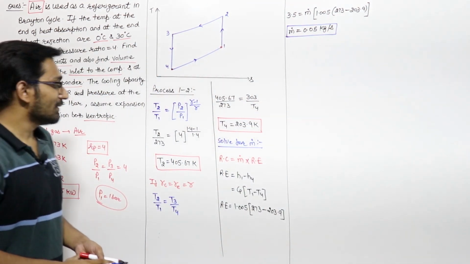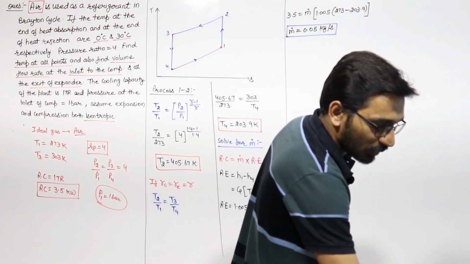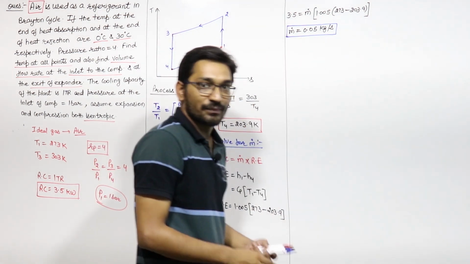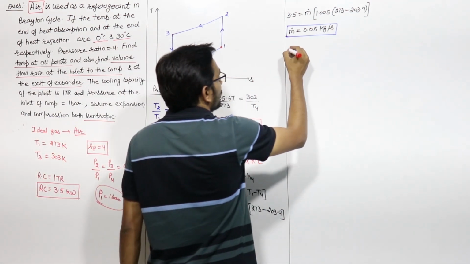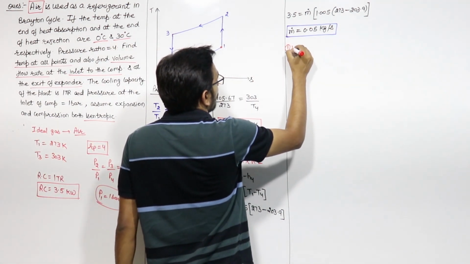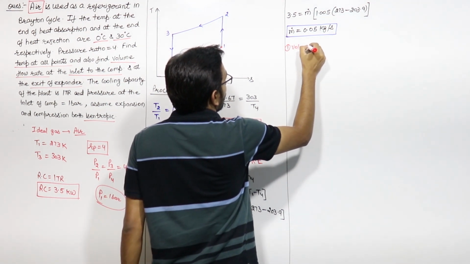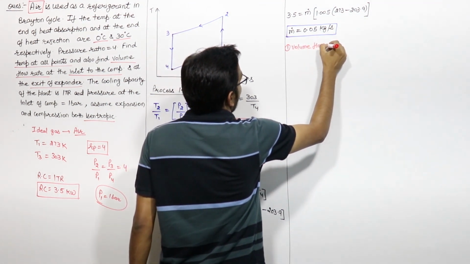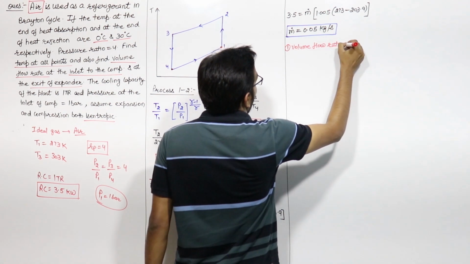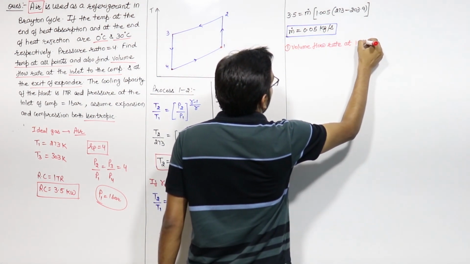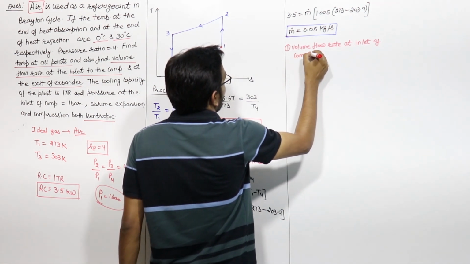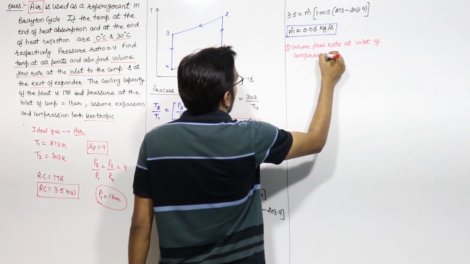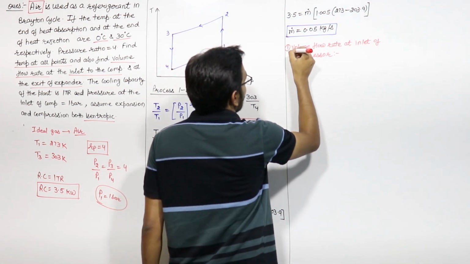Now we have to find the volume flow rate. How will you find it? From the ideal gas equation. So let us find the volume flow rate at the inlet of the compressor.